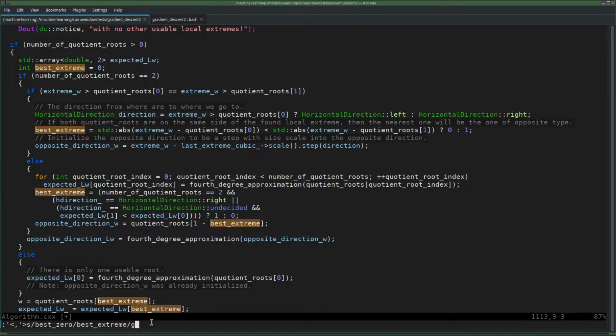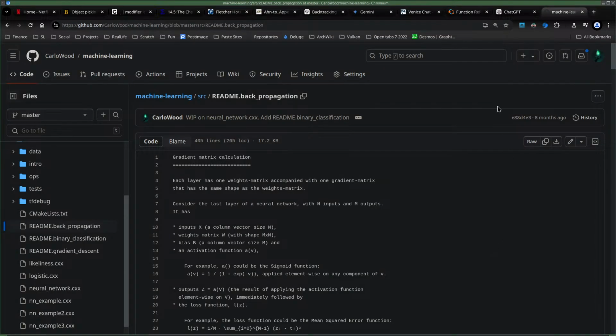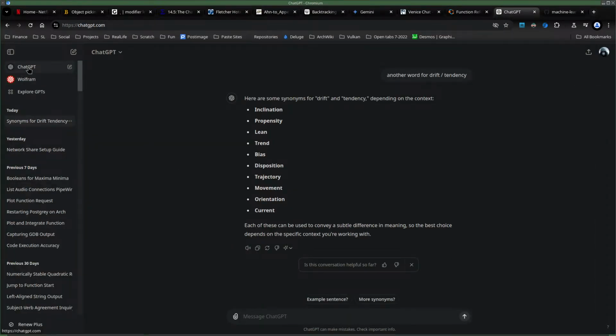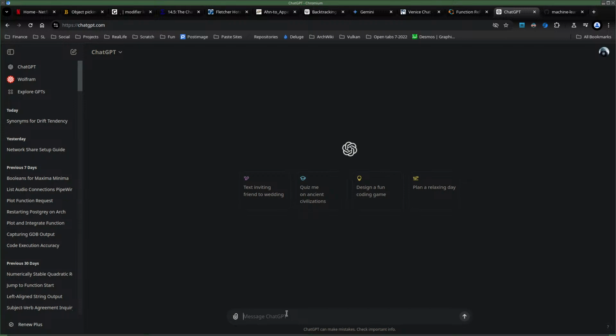I'm not sure though. How would you call that? Let's ask ChatGPT. ChatGPT is better in English. Knows questions like that. So I'm saying every fourth degree polynomial goes to plus or minus infinity.